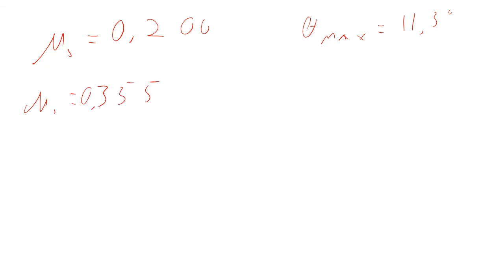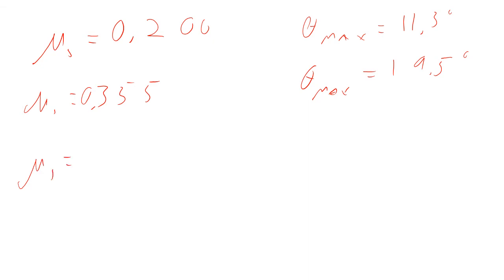In other words, if mu sub s happens to be 0.2, then what you find is that the maximum angle is only about 11.3 degrees. If mu sub s is equal to 0.355, then theta max is going to be 19.5 degrees.